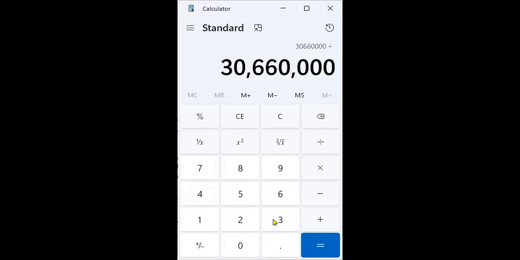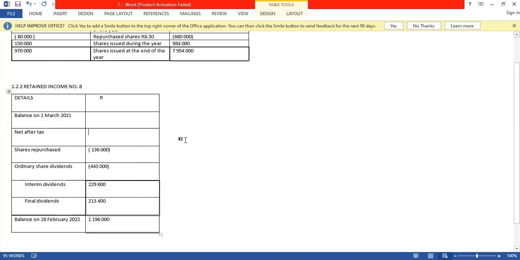We multiply by 70 divided by 30 because we are looking for 70% after subtracting 30% from 100%, and that gives us 1,022,000. So 1,022,000 is our net profit after tax.